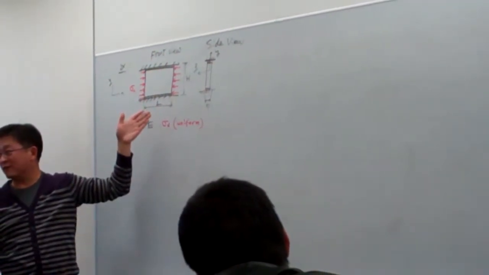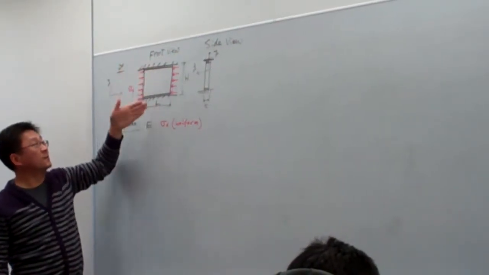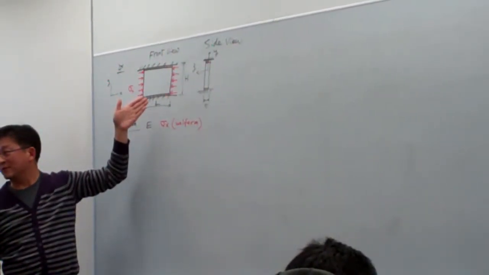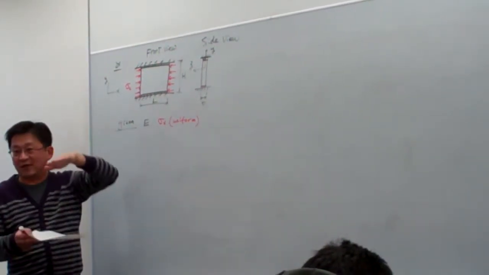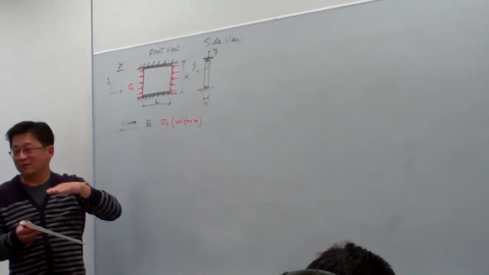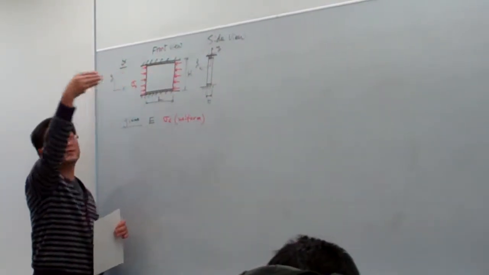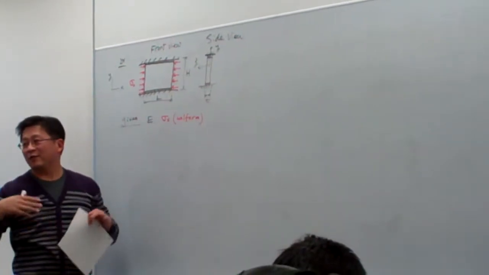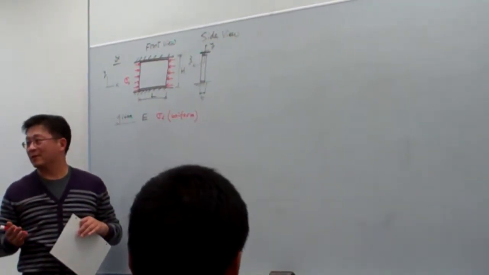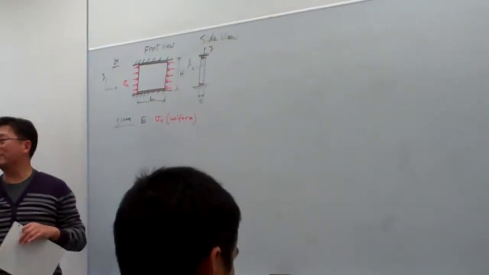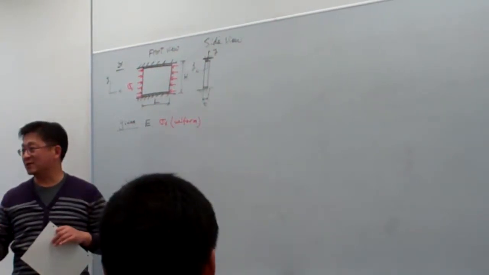At this moment, you should have a feeling this material will experience some kind of compression in this direction, because it tried to extend vertically, but that has been constrained. Got it? But out of the board, it's free to expand, free to deform, which means in that direction there's no stress.